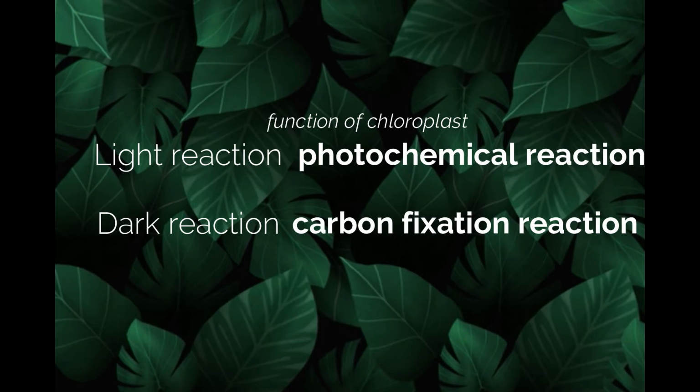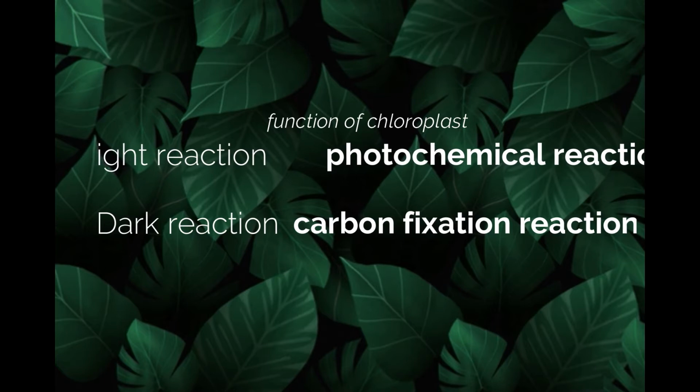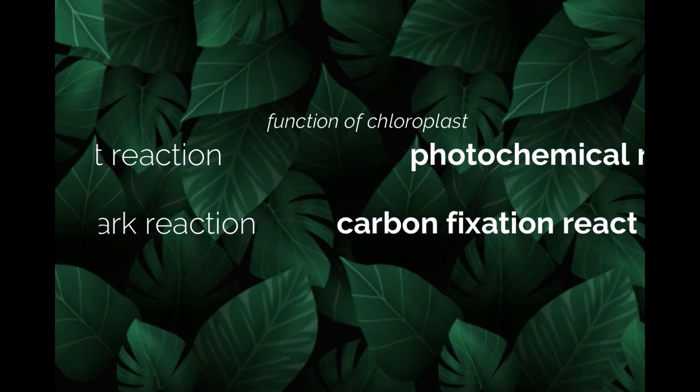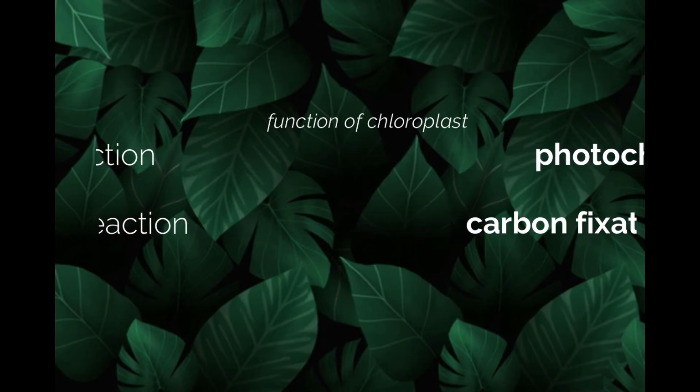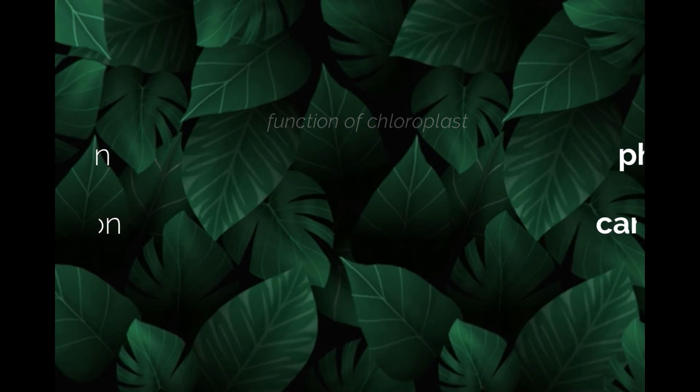Second is the dark reaction, also known as the Calvin reaction, the photosynthetic carbon reduction cycle, or PCR cycle, or carbon fixation reaction or thermochemical reaction. The reducing capacity of NADPH and energy of ATP is utilized for the conversion of carbon dioxide to carbohydrate. This dark reaction occurs in the stroma.